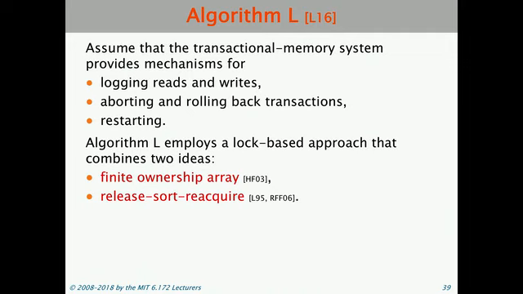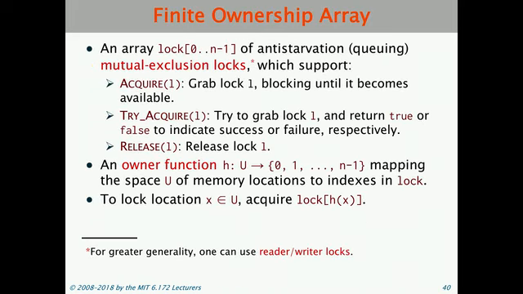These are all very interesting in their own right. And this is going to basically use a lock-based approach that uses two ideas. One is the notion of what's called a finite ownership array, and then another is a thing called release, sort, reacquire. And let me explain those two things, and I'll show you really quickly how this beautiful algorithm works.